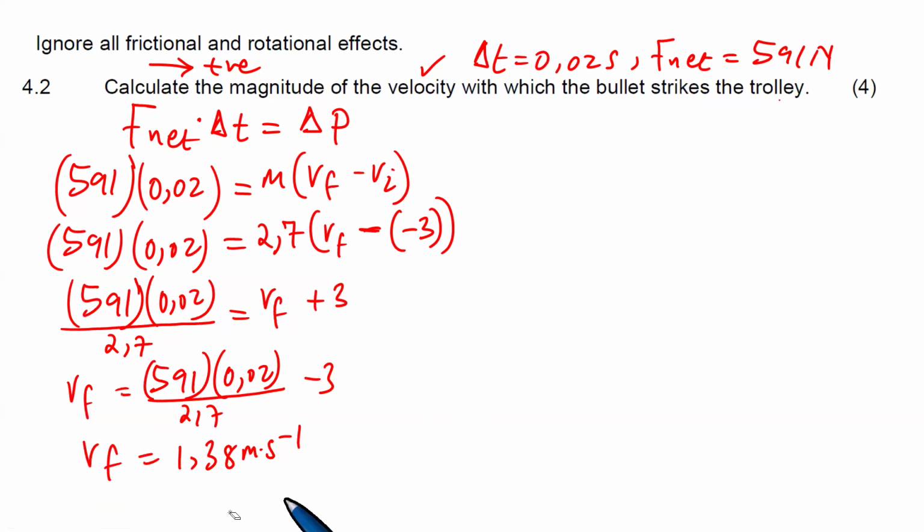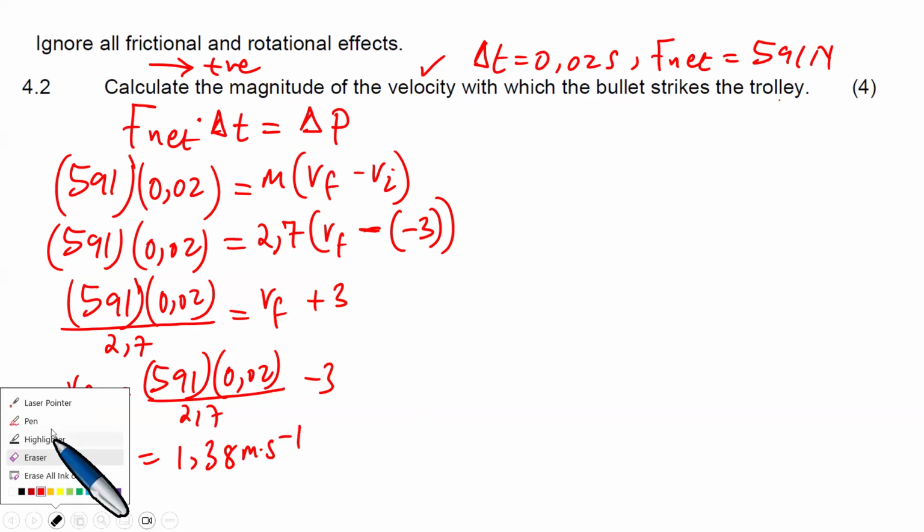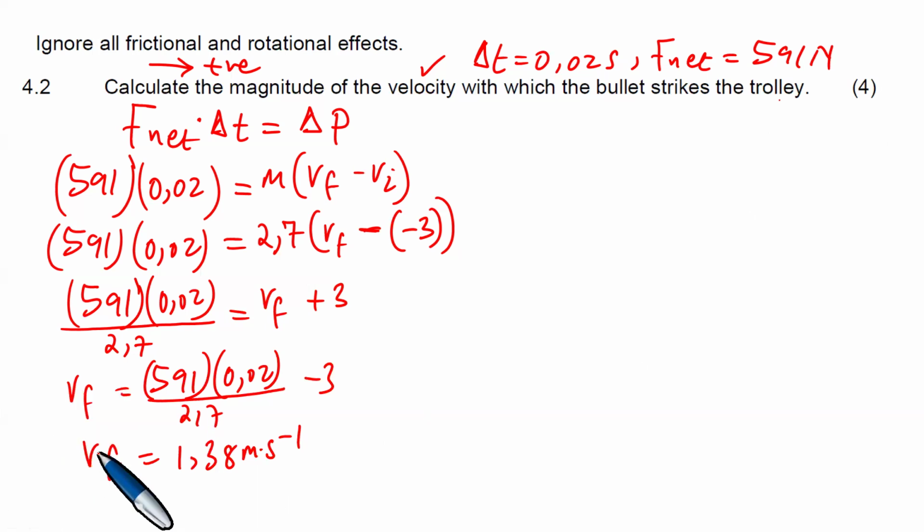If this is the final velocity of the trolley, a couple of things remain extremely important. We are interested in calculating the magnitude of the velocity with which the bullet strikes the trolley.